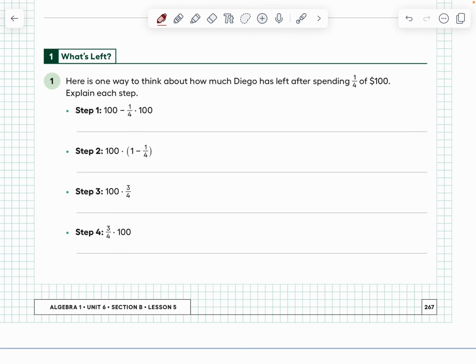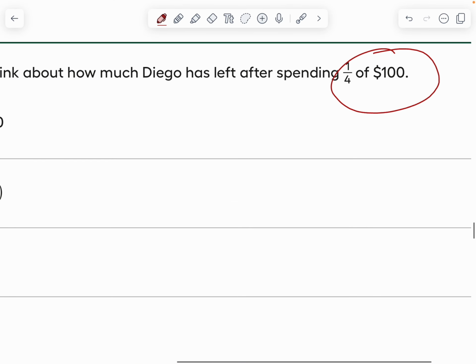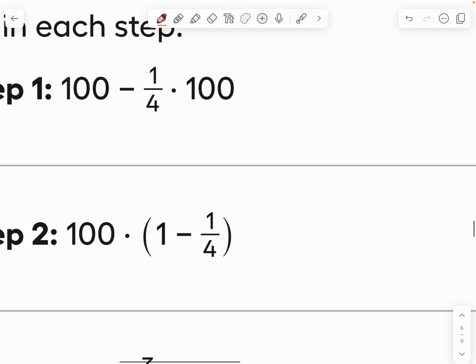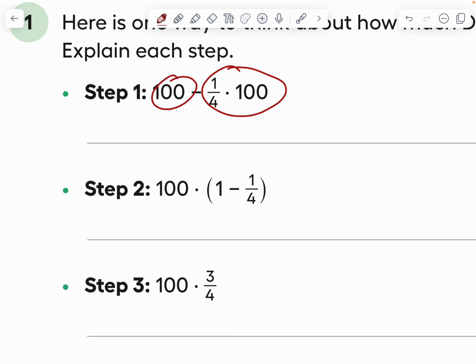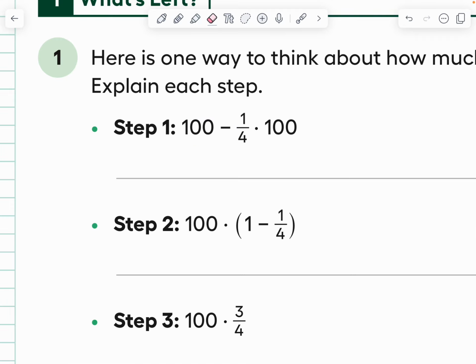So here's one way to think about how much Diego has left after spending 1/4 of $100. So he spent a fourth, right? There's a couple ways to think about it. Number one, he had $100 and then he subtracted a fourth of that $100. Or you could write it with parentheses because you could factor out a GCF, greatest common factor, like we've talked about in the past.